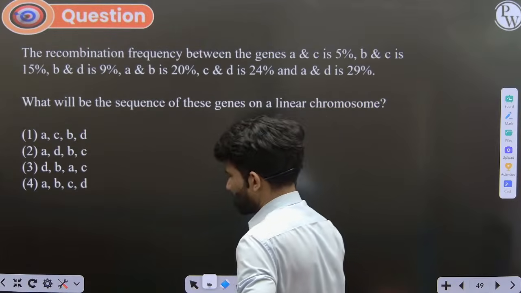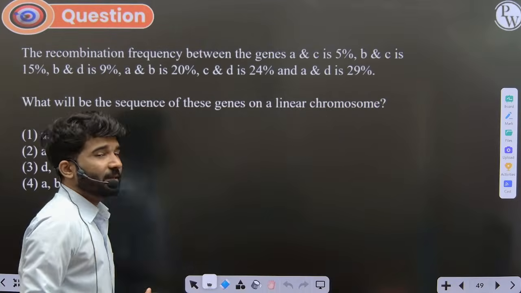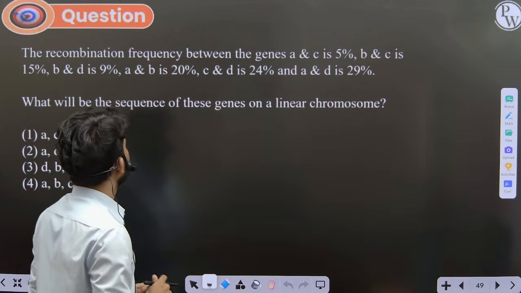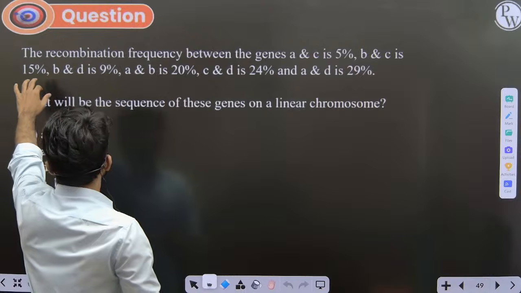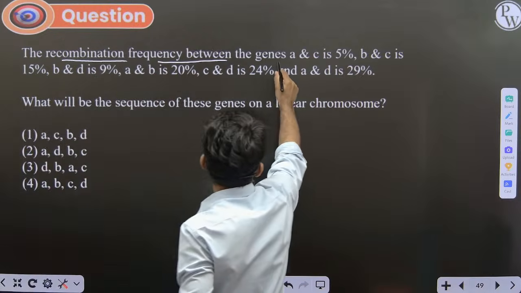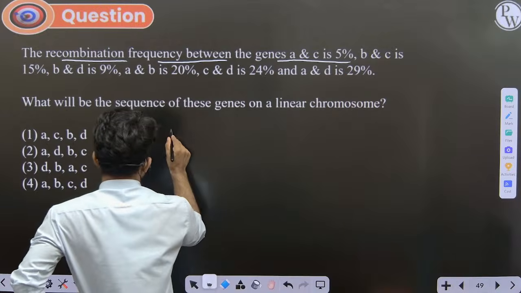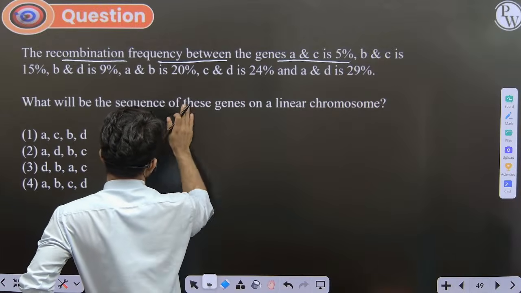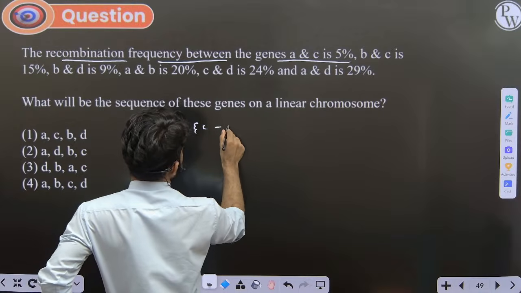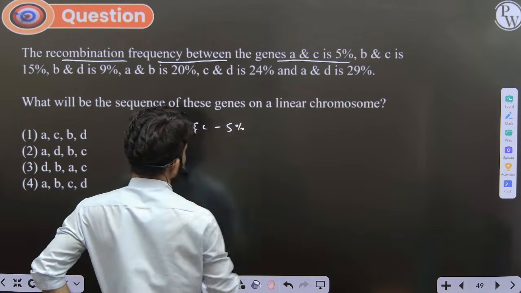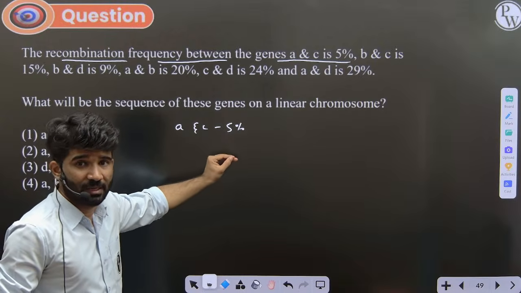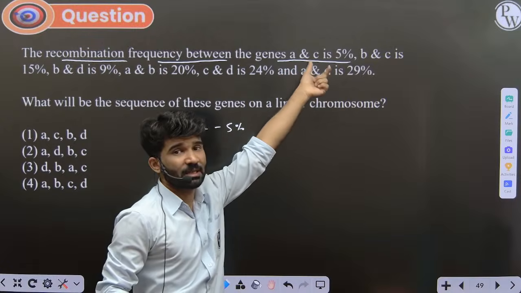So the next question is again regarding the frequency of recombination between genes. The recombination frequency between genes A and C is 5%. That means they are closely located, so the frequency of recombination is less.